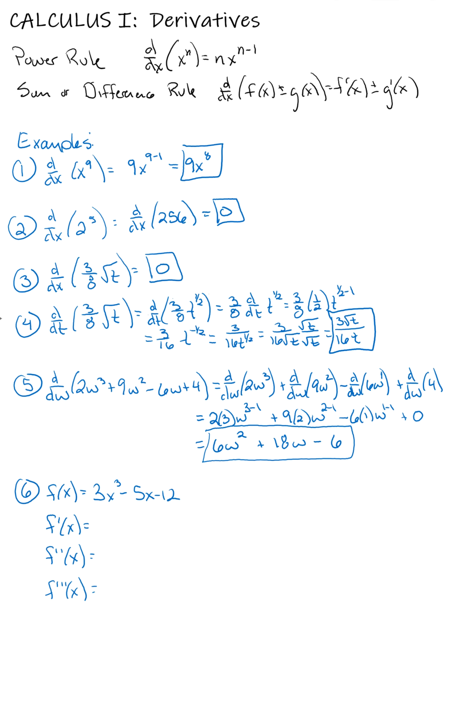So here on the last one, we've got f of x is equal to 3x cubed minus 5x minus 12. What I want to do is see if we can find multiple derivatives. Taking the first derivative, again, we've seen this. We take the 3, multiply by the exponent of 3, gives us 9, and then we reduce that exponent by 1, so we get 9x squared. On this next bit, 5x, again, it's going to be a subtraction. I keep the 5.